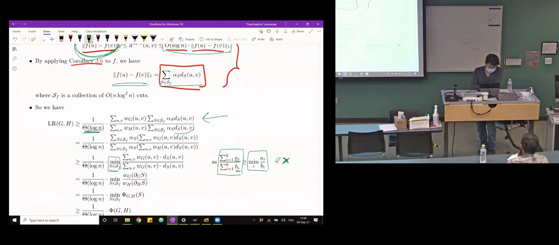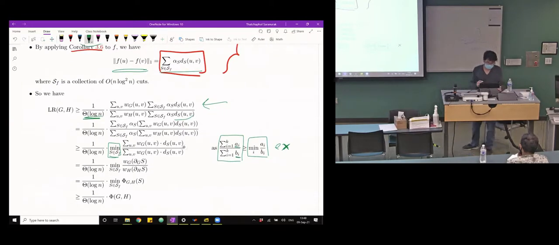So once you have this, what does it mean here now? This is now just the cut size of G when you fix S, for each S in the collection S_F. Recall that S_F is just this collection of cuts. Once you are given F, you can create a collection of cuts that capture F, right? So here it says that we are minimizing over all the cuts in this collection. And what are we minimizing over?